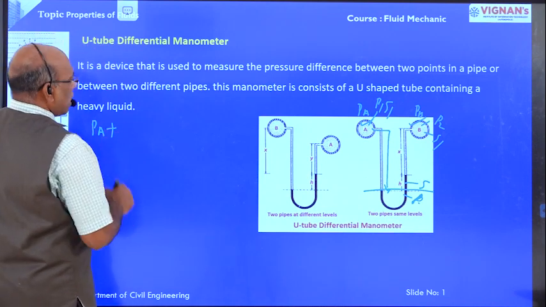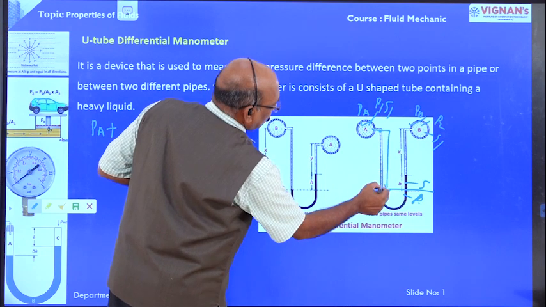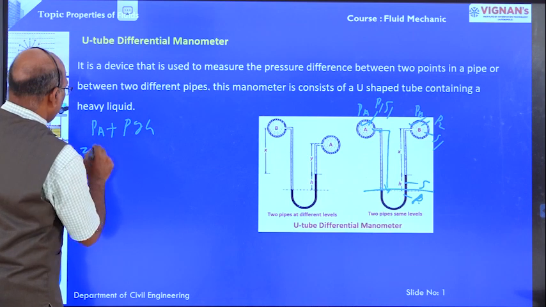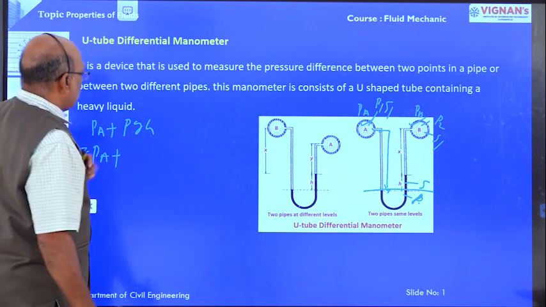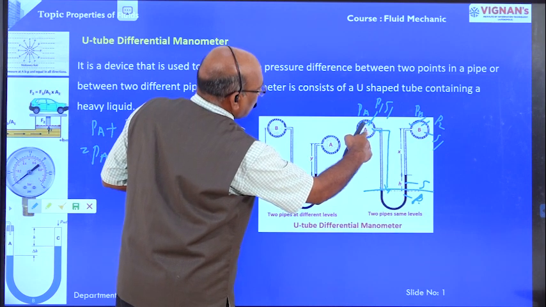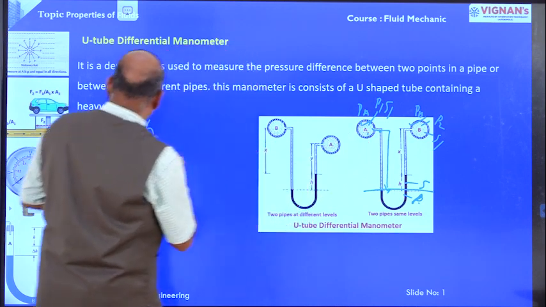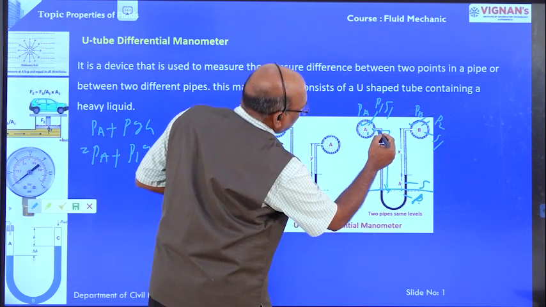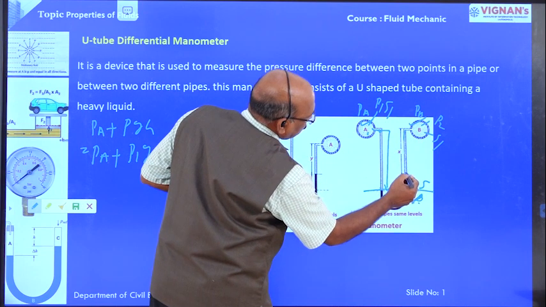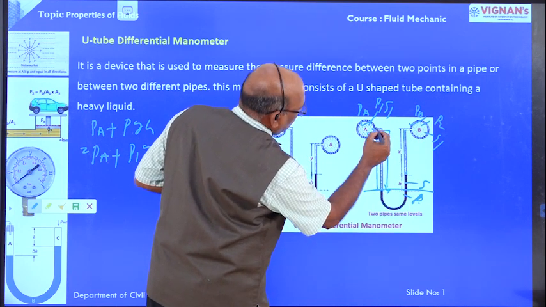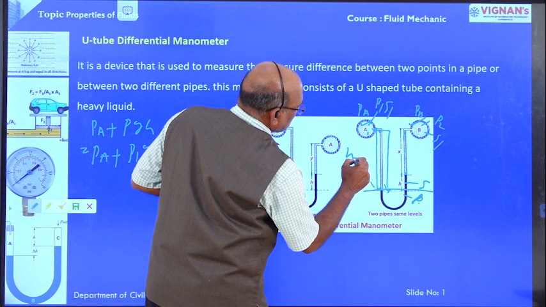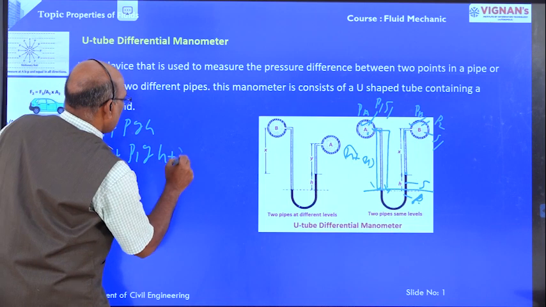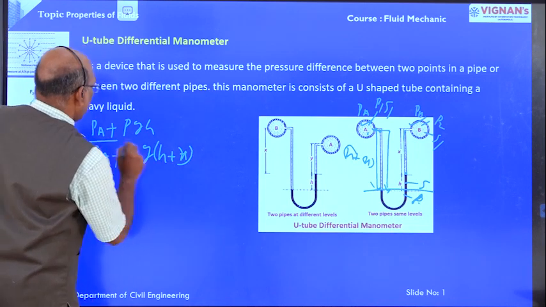One is PA, the pressure at point A, plus another one because of this column, rho G H. That is PA plus rho, the density of the liquid in pipe A, ρ1, into G, into the depth. This is X, this is H, so the total depth is H plus X. This is the left side pressures.